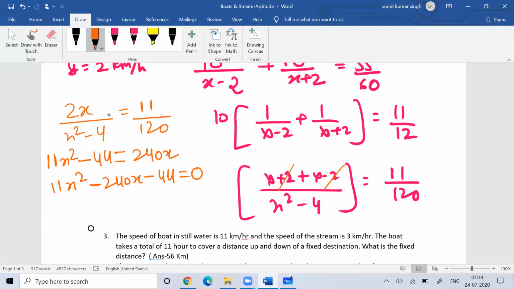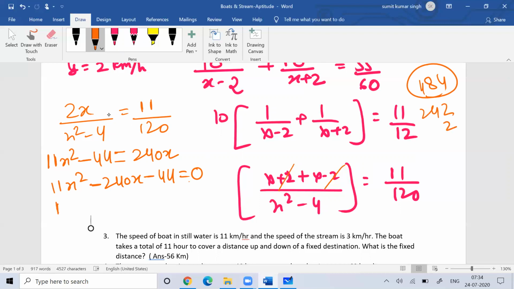Now I need to solve this quadratic equation. 44 into 11 is 484. So 484, how can I get 242 and 2? 242 and 2 give me 484.